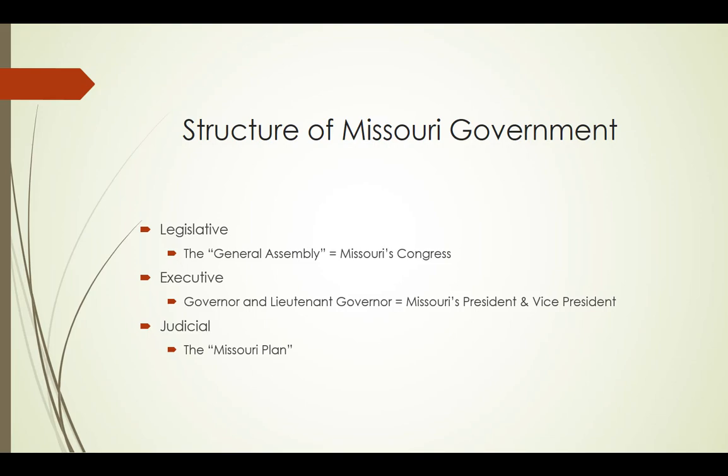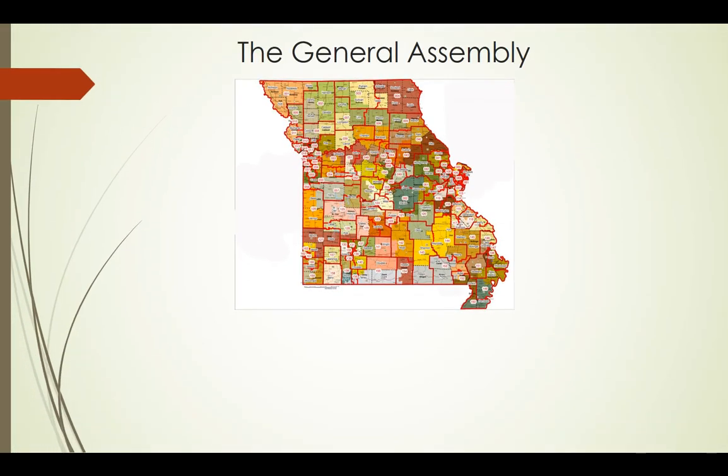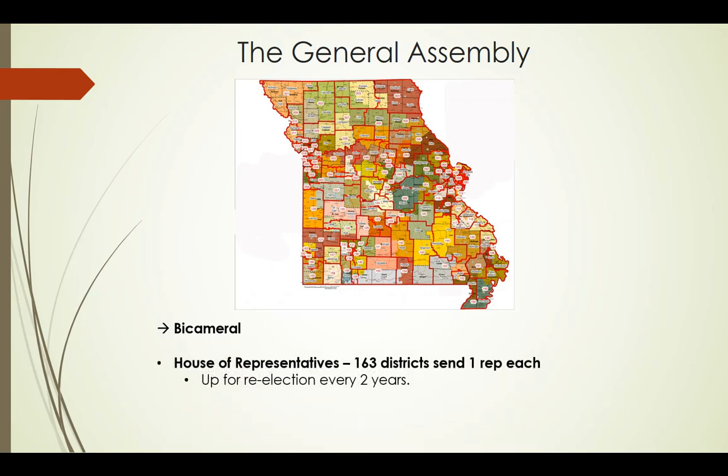Of course, that's the General Assembly. Missouri's General Assembly is Missouri's Congress. And just like the United States Congress, Missouri's General Assembly is bicameral. Matter of fact, both of the chambers in Missouri have the same name as their United States counterparts. We have a House of Representatives and we have a Senate.